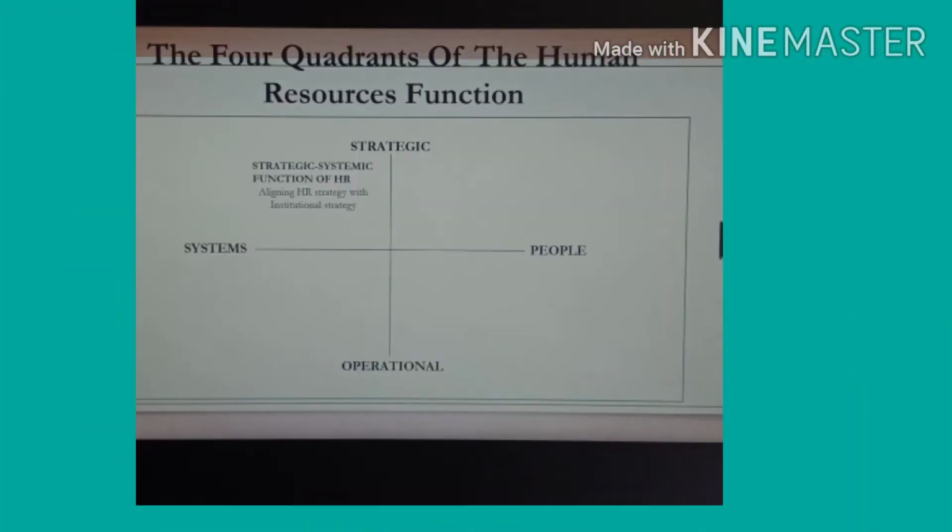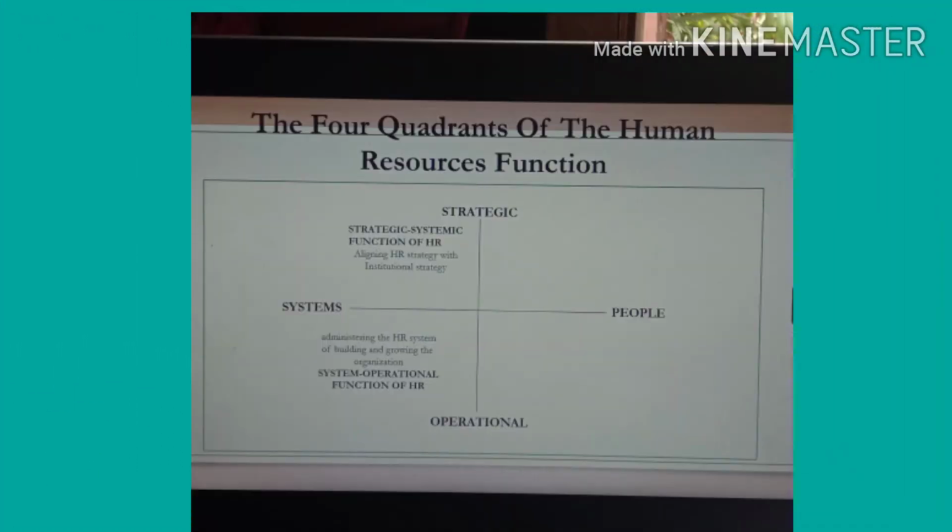Now, quadrant A represents the strategic system combination and highlights the human resources function of aligning the human resources strategy, structures, and systems.